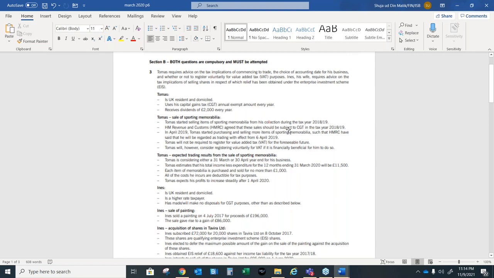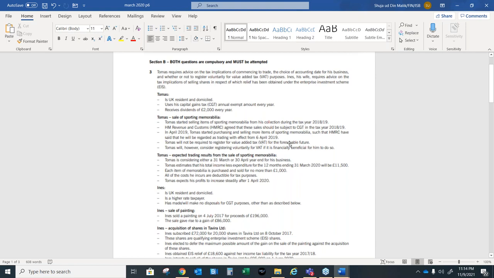HMRC agreed that these sales should be subject to CGT in the tax year 2019. So they are subject to CGT. In April 2019, Thomas started purchasing and selling more items of sporting equipment, such that HMRC have said that he will be regarded as trading from 6 April 2019.